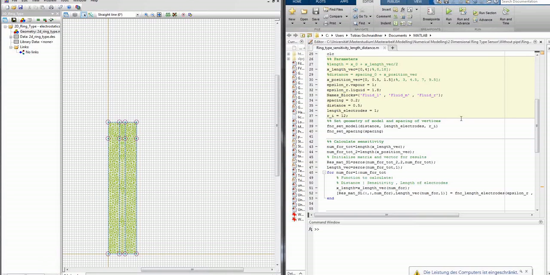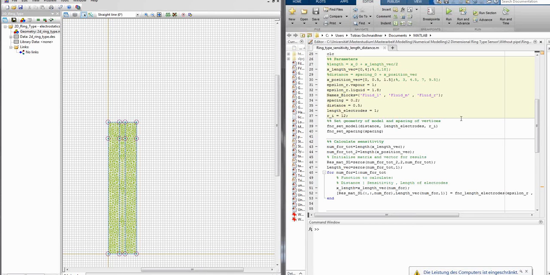Before discussing the numerical results, I briefly want to demonstrate the use of QuickField along with MATLAB. In order to run the QuickField simulation using MATLAB, the QuickField model file needs to be opened, as you can see here. In addition, it is advisable that the QuickField file is in the same working directory as the MATLAB code.